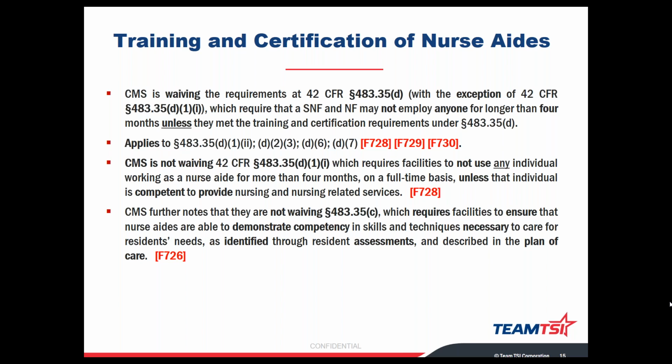For example, when you look at tag 606, which is an abuse tag, that tag deals with not employing or engaging staff with adverse actions. So it's so unclear what all this involves.